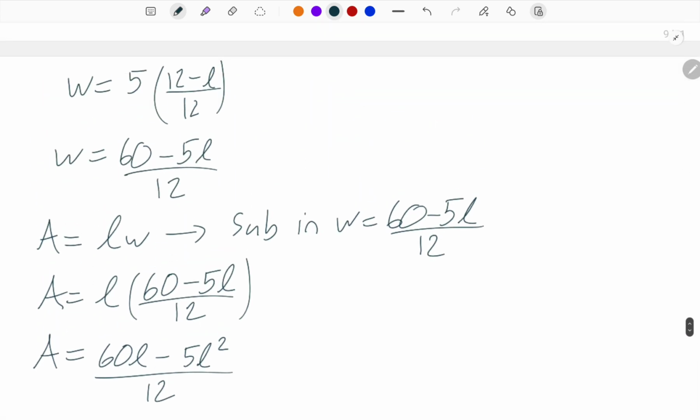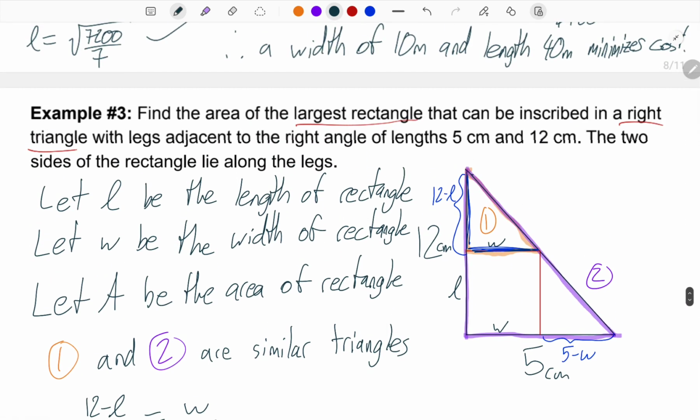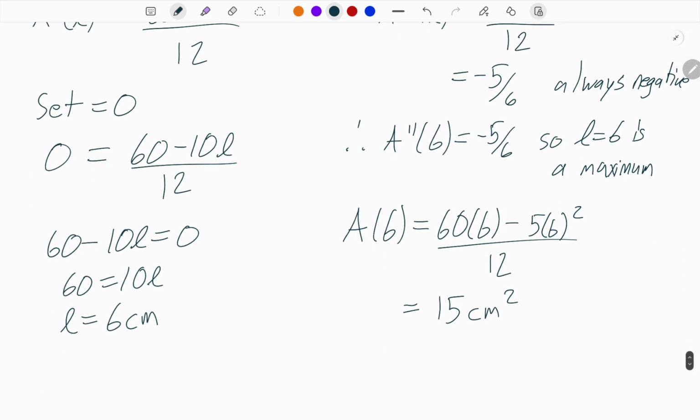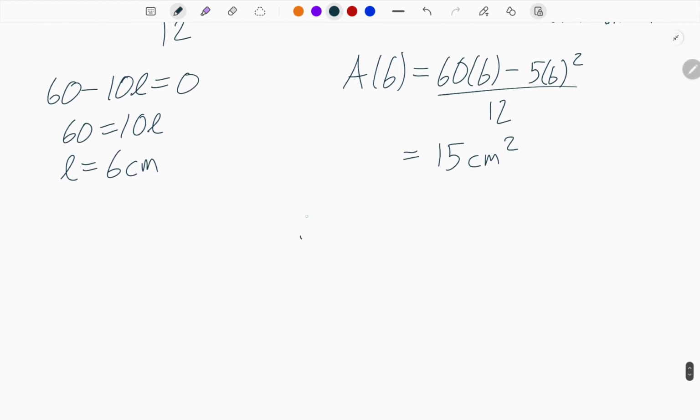All right, and let's just go back. Always reread the question, make sure you're answering what's being asked for. We're looking for the area. We found the area. And in this case, there are no endpoint cases because we didn't specify a specific domain. So we don't have to worry about the endpoint cases. So therefore, the maximum area is 15 centimeters squared.